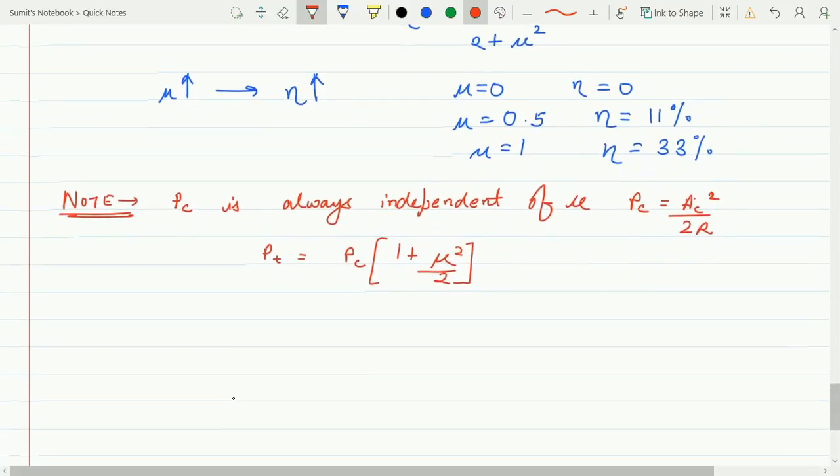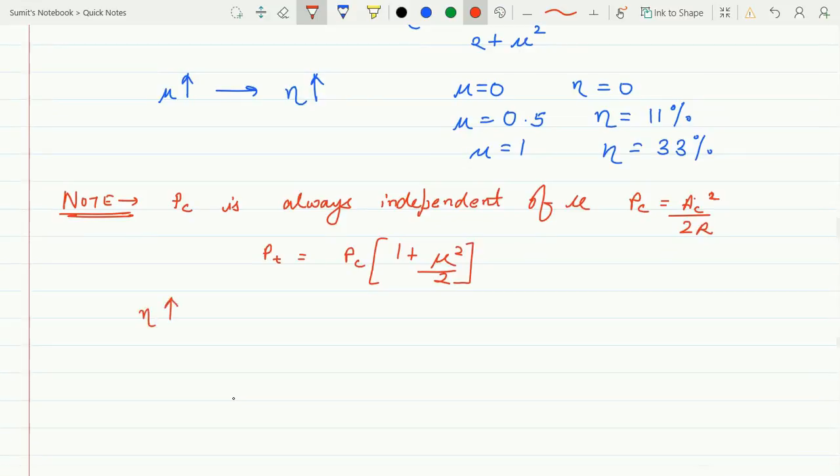So basically when you say your efficiency is increasing, you have to say that your sideband power is increasing, and the total power will also increase, because the carrier power is always constant.